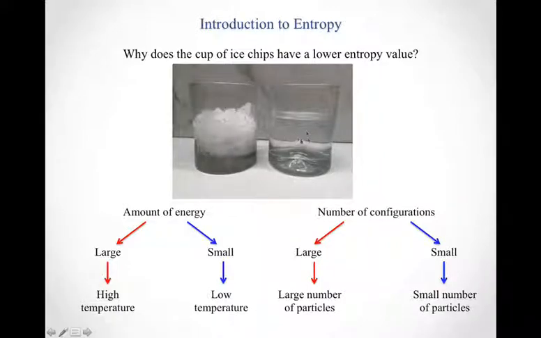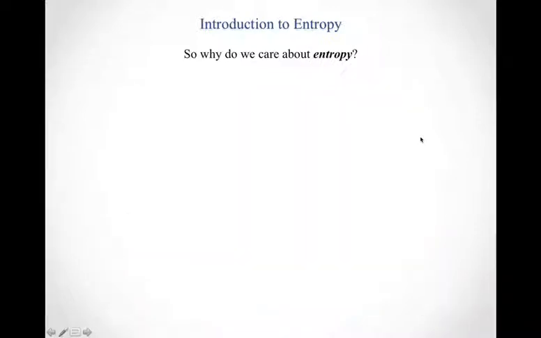In the water, on the other hand, as a liquid, those particles are much more free to move back and forth relative to each other. And so that gives us many, many more configurations in which the molecules in the water can arrange themselves relative to what they can when they're sitting in ice. So both of these ideas come into play in terms of why the water has a higher entropy value, because it has a higher multiplicity.